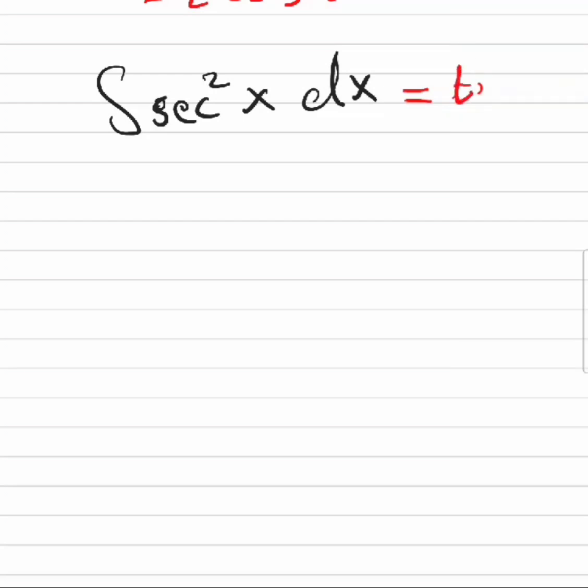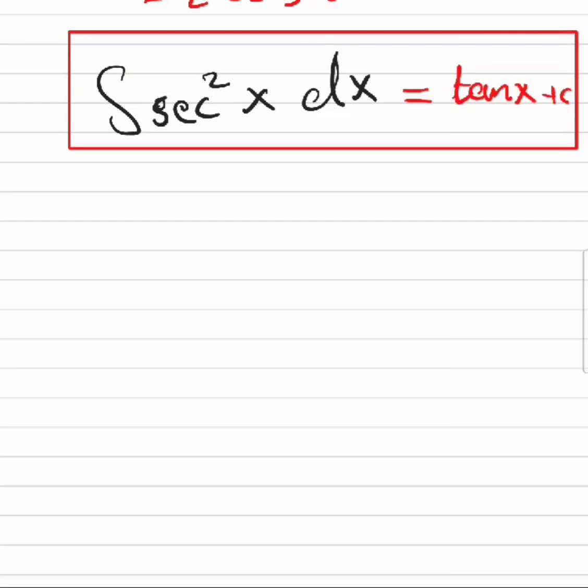Now what is the antiderivative of secant squared x dx? The derivative of tangent is secant squared, so the antiderivative of secant squared is simply tangent x.